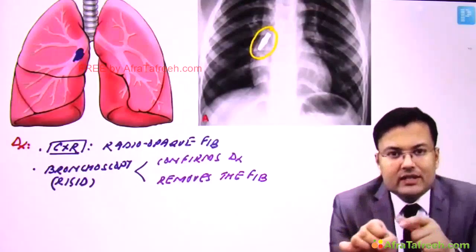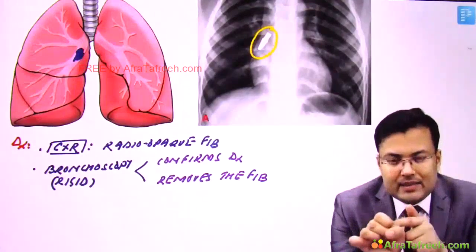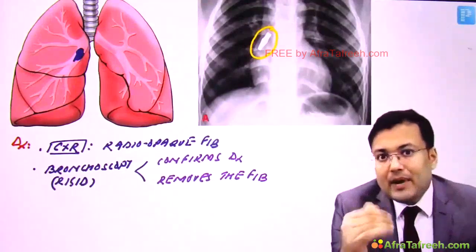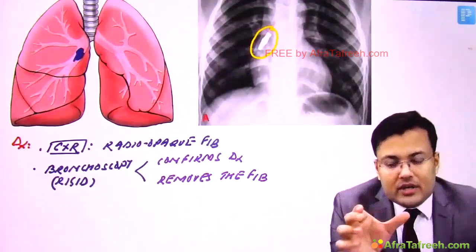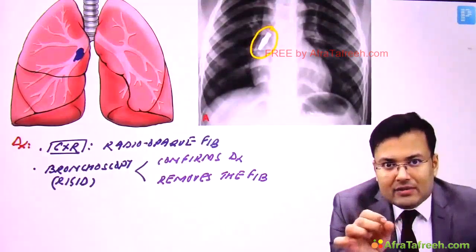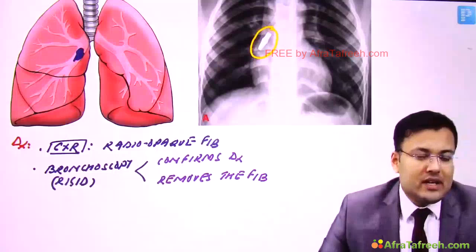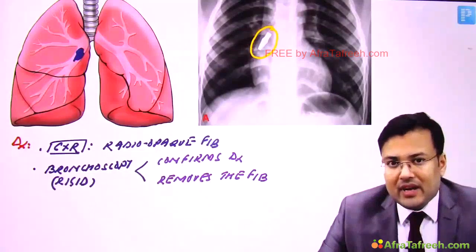Clear? Whenever there is a solid foreign body, during inspiration there is expansion, so air comes in and passes beyond the foreign body. But during expiration, when there is collapse of the lumen, air is not able to escape.